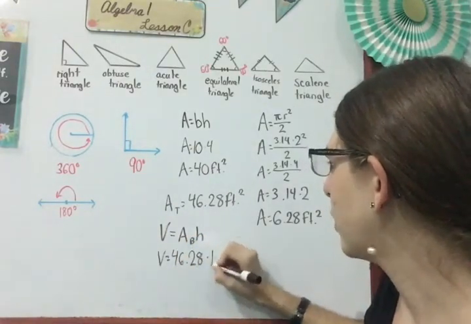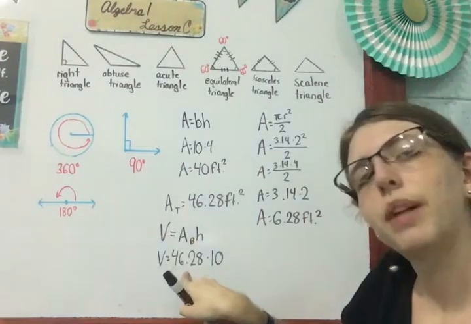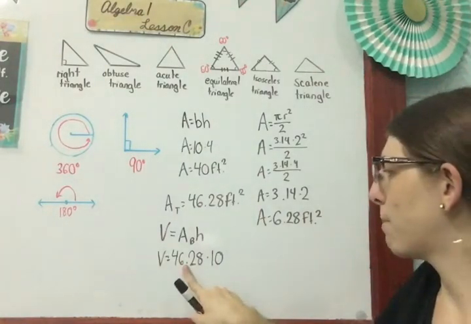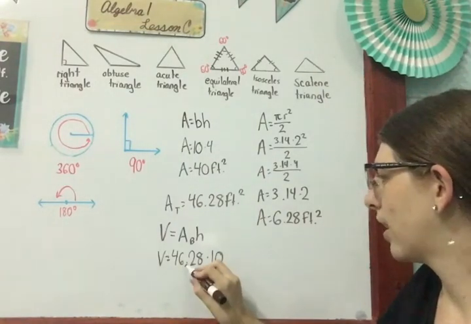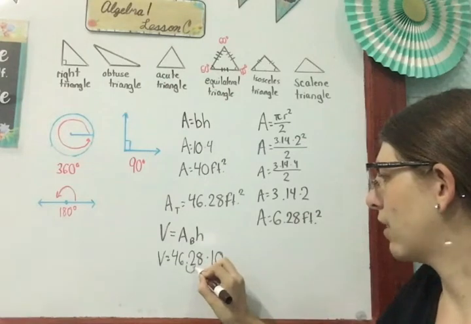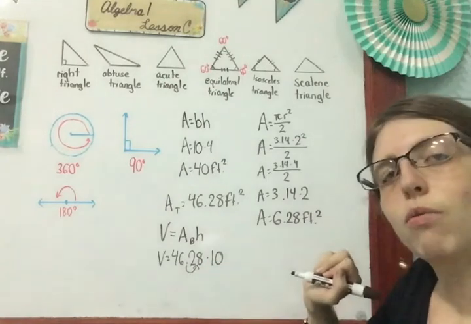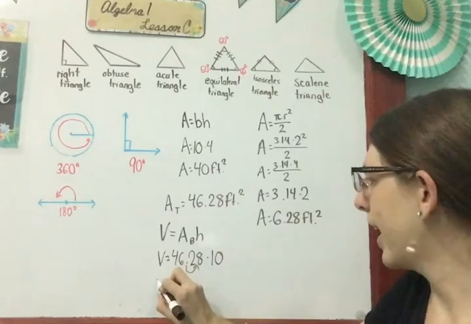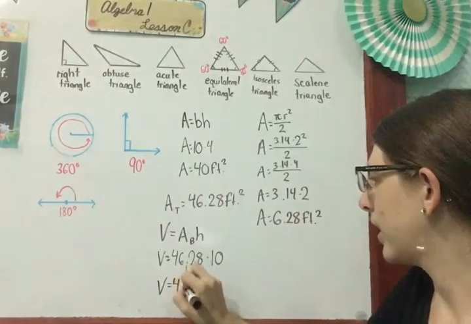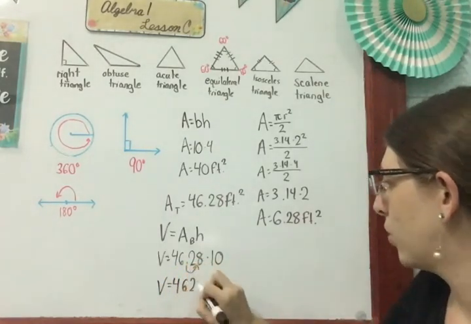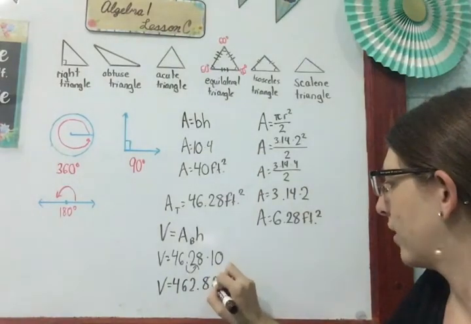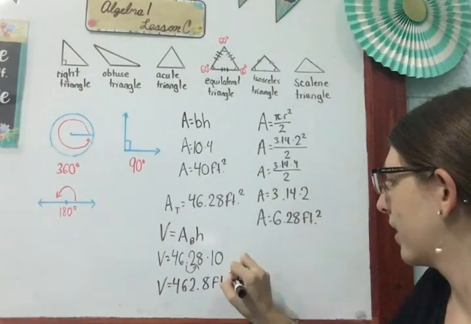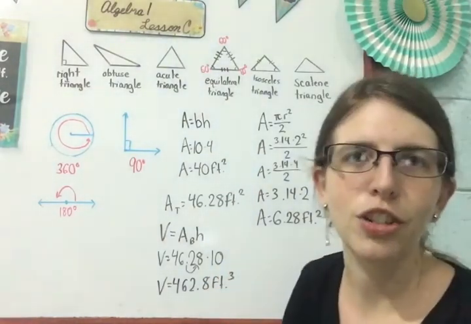Your height, it tells you, is 10. Whenever you multiply something by 10, you just move your decimal point as many places as you have zeros to the right. So I get 462.8, and my units change to cubed.